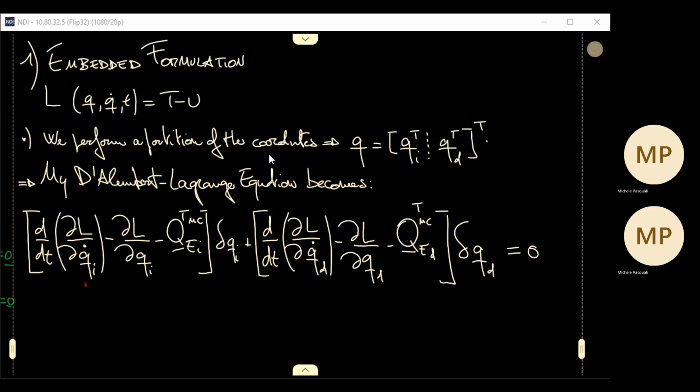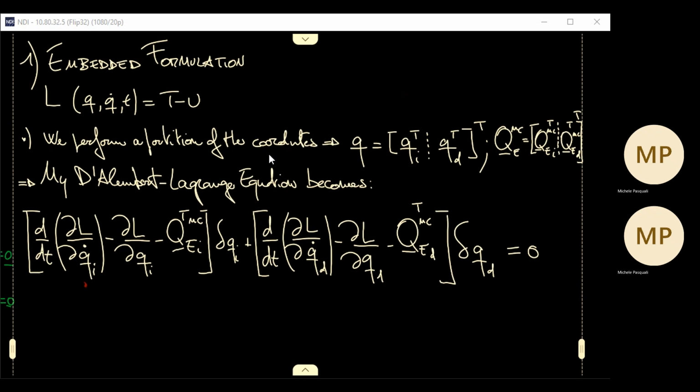So here, if you want, we could also write Q non-conservative external equal to Q external non-conservative transpose I, and then you have Q D non-conservative transposed, all of this transposed. Okay, just following the same partition.